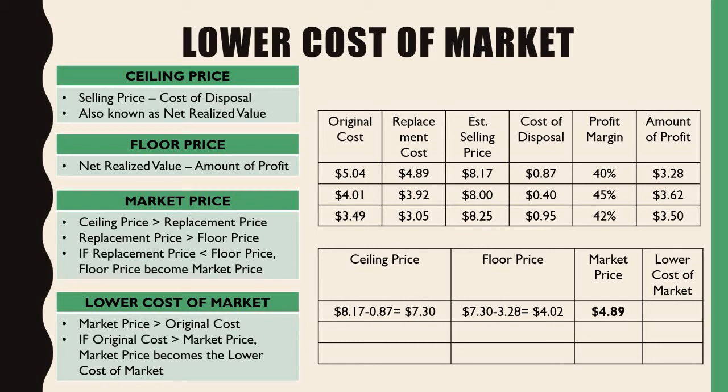489, and that becomes your market price. Okay, so here's the mess explained on my PowerPoint. If the ceiling price and the replacement cost is greater than the replacement cost, then that's good.